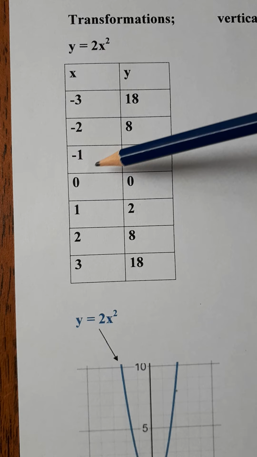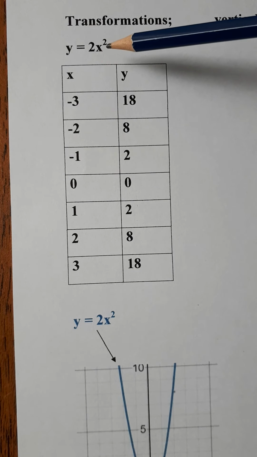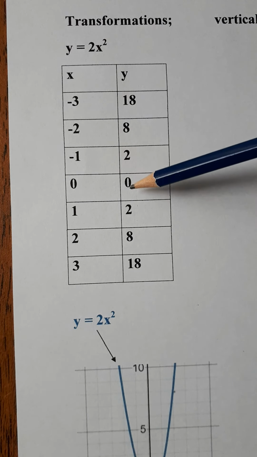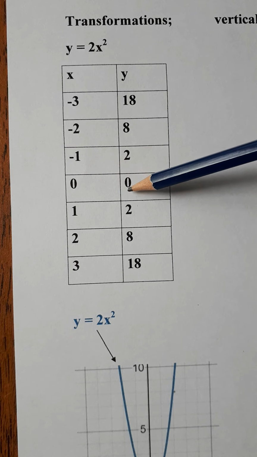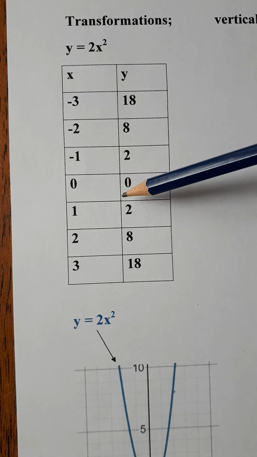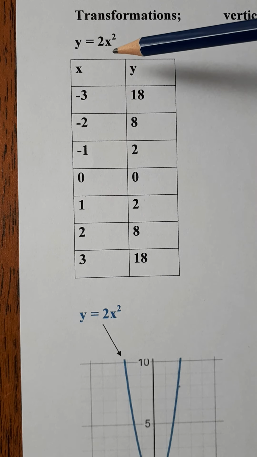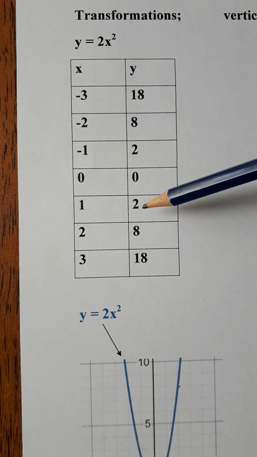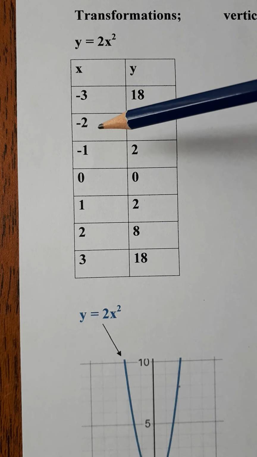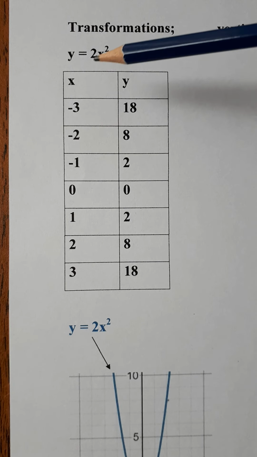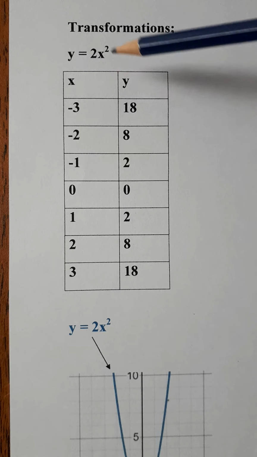When x equals 0, 2 times 0 squared is also 0. So this point does not change. And when x equals 1, 1 squared is 1, 1 times 2, 2. Let's look at one more point, minus 2. 2 times minus 2 squared.